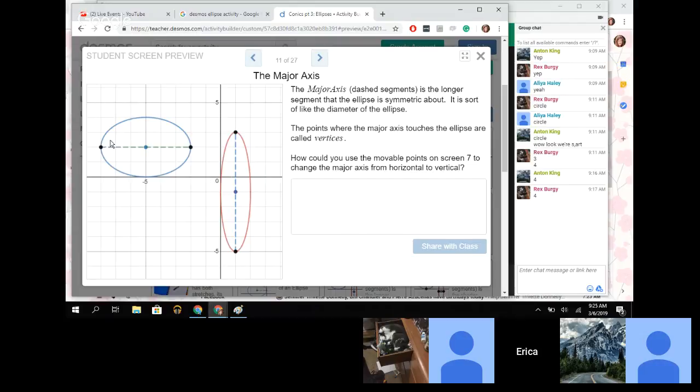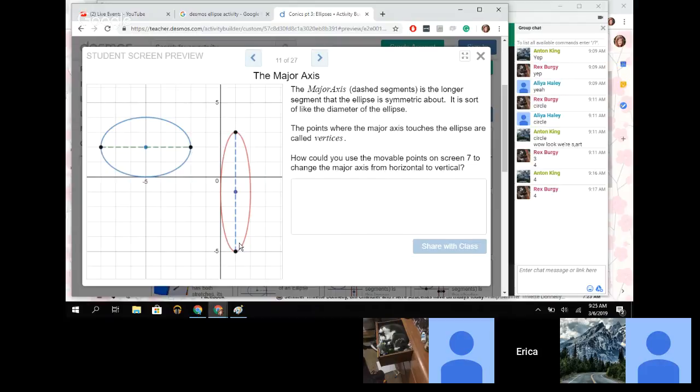Both of these are not centered at the origin, but the blue one represents a horizontal ellipse, and the green line is its major axis. A couple of points about that: it's symmetrical about this green line, and it's kind of like the diameter. And these black points that end the major axis are the vertices.